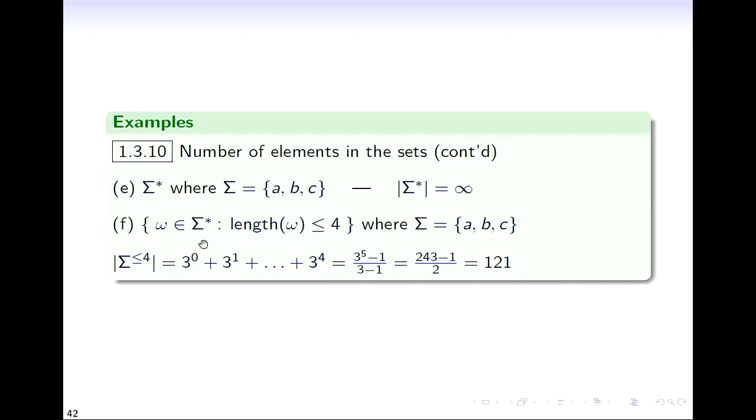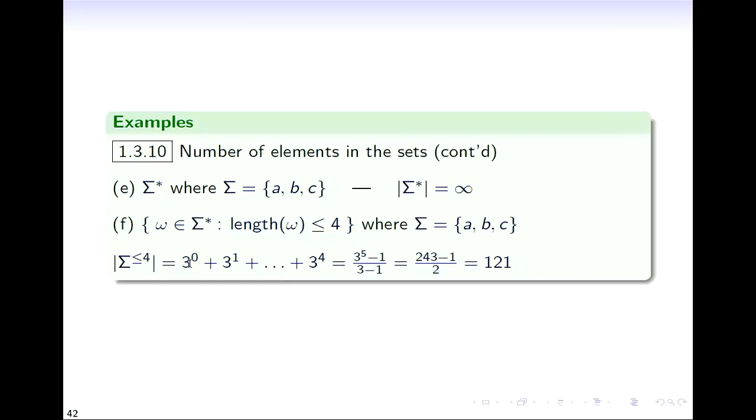If you want to calculate the sum, then there is a nice, easy formula that you may or may not have seen in high school, for example. It's not something that I expect you to know, but it might come in handy when you want to calculate sums like this.